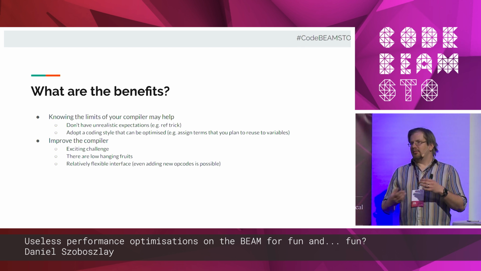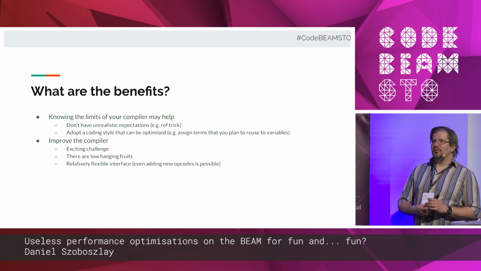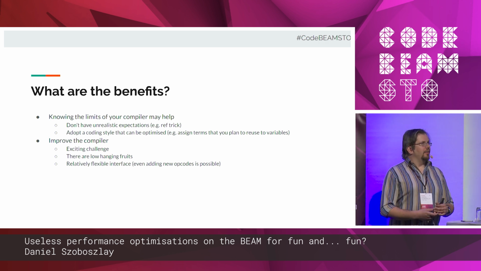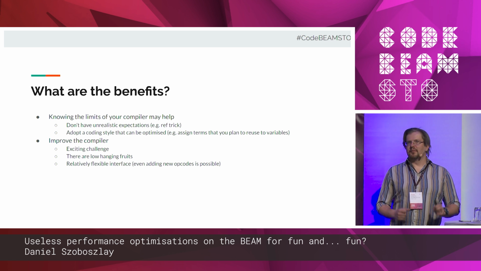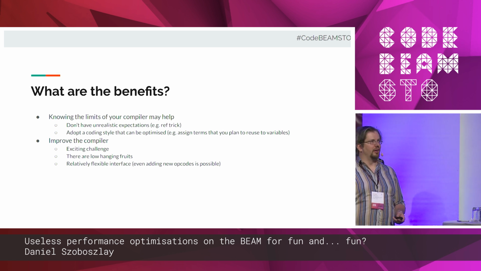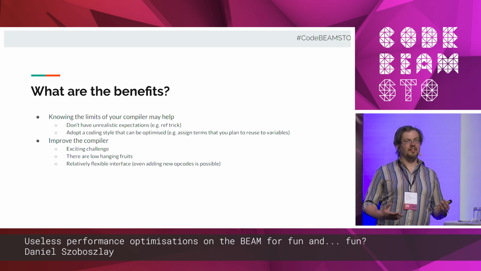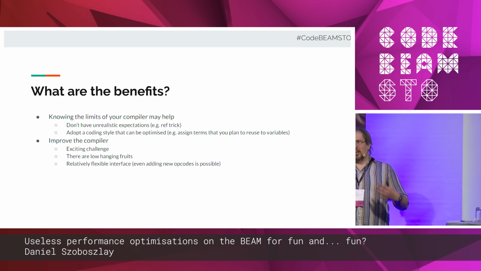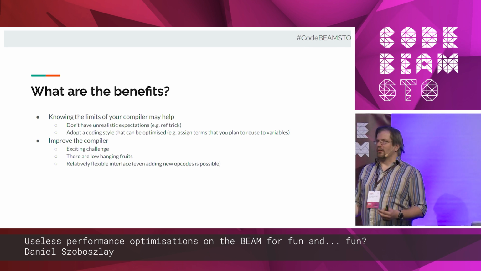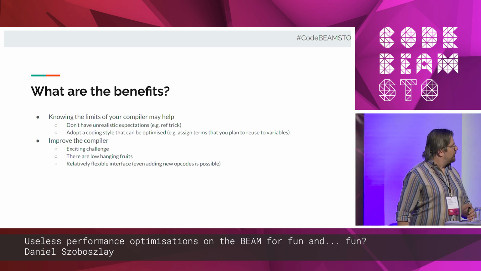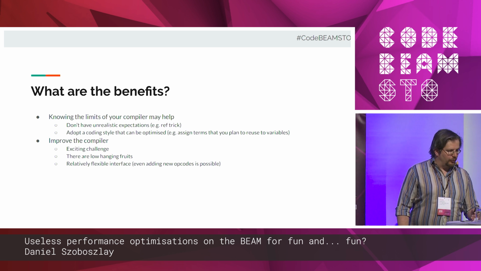You can even add new opcodes to the language, which happened in OTP 22, as long as you keep supporting the old ones. And being a machine-to-machine thing, you don't have to care that much about developer ergonomics, I think, which probably are a big reason why changes to the real programming APIs are slow, because everybody has an opinion on them. And here probably fewer people would be worried.